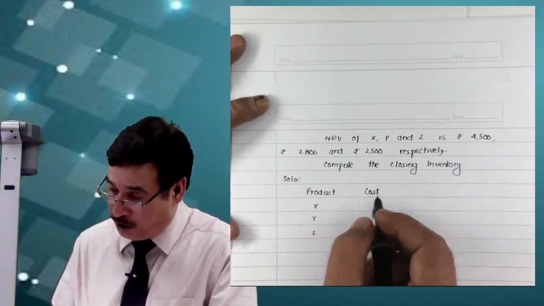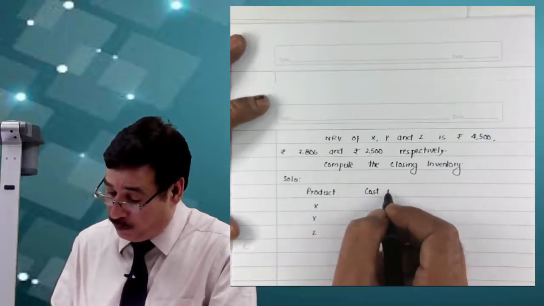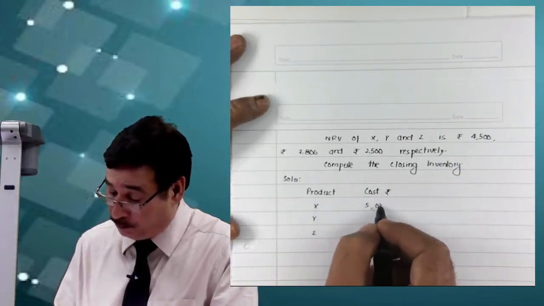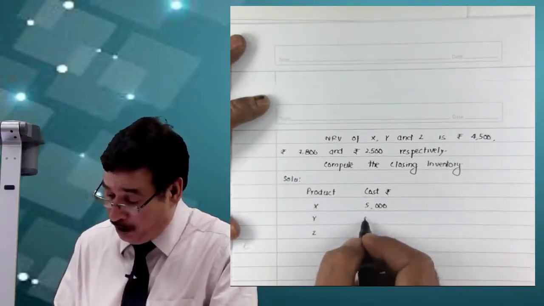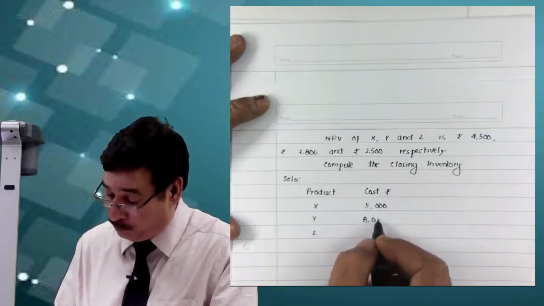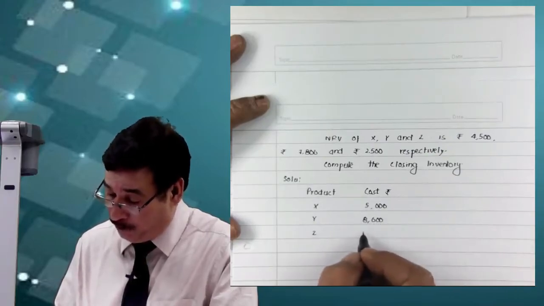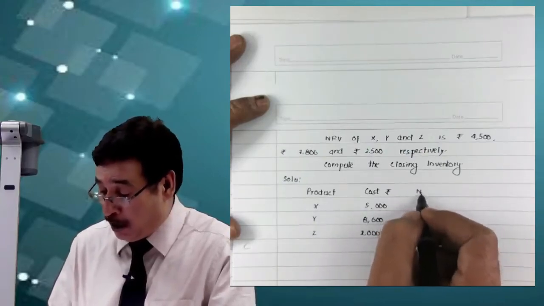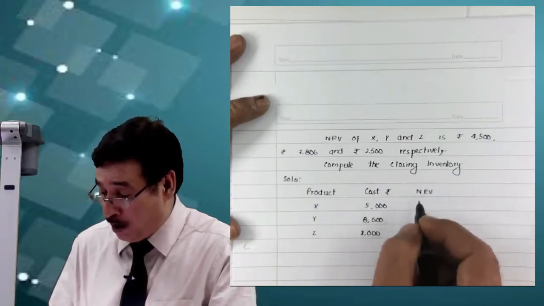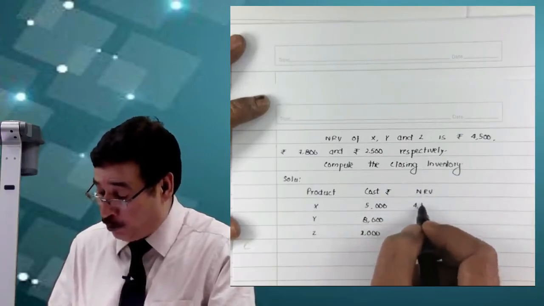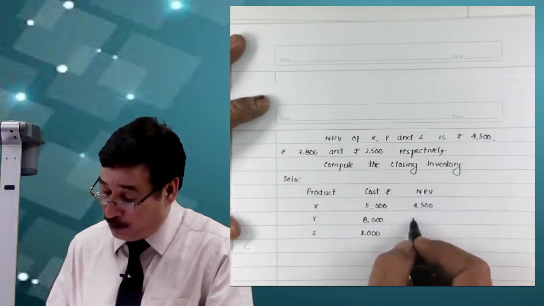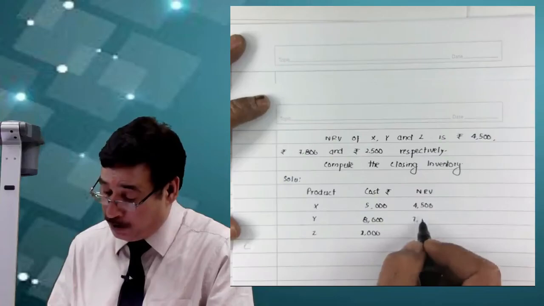So cost which is given to us is 5,000, then 8,000, then 2,000. Then we have been given NRV. NRV given to us is 4,500. Then it is given to us as 7,800.